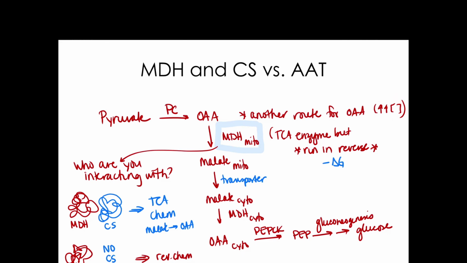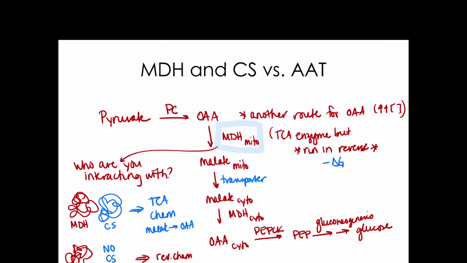So we're going to have much higher concentrations of this. Well, if we're going to have this oxaloacetate be converted into malate, transported out to the cytosol, and then ultimately be made into glucose via gluconeogenesis, we need to have this malate dehydrogenase not be associated with citrate synthase.